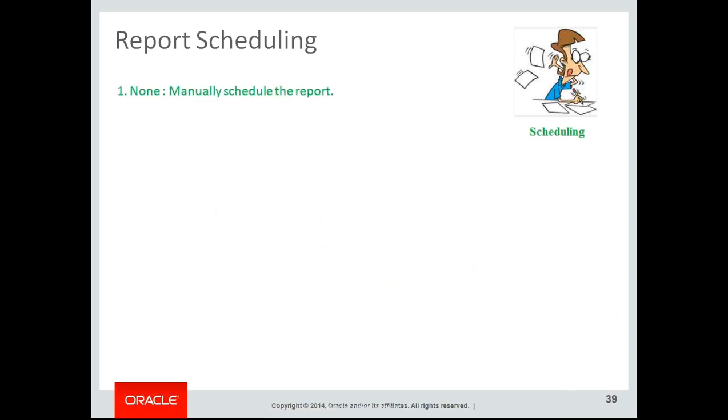Report scheduling. Now, with the none option, you manually schedule the report. It's a painful and time-consuming activity if multiple reports need to be scheduled, like writing an invitation letter by hand to 100 guests.